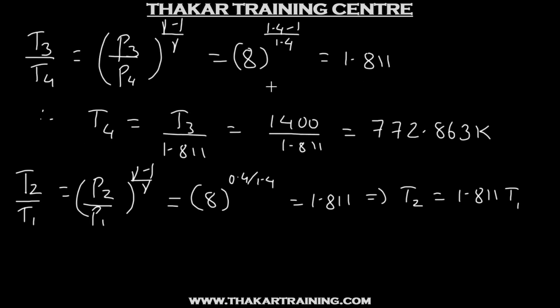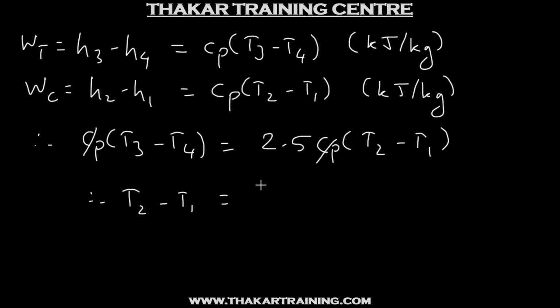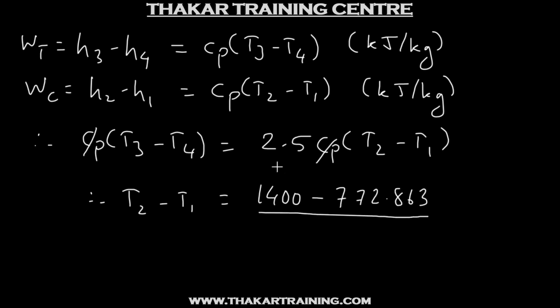We have T3 is 1400 and T4 we got is 772.863. So this is 1400 minus 772.863 divided by this 2.5 will go in the denominator. So this comes out as T2 minus T1 equal to 250.855. This will be in Kelvin.